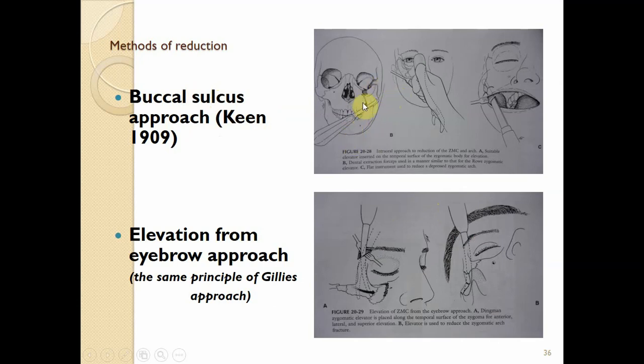In this approach, the insertion is placed on the vestibular approach in the maxillary region, and a periosteal elevator is placed in between, on the medial side of the zygomatic arch, and pushed. So what will happen?